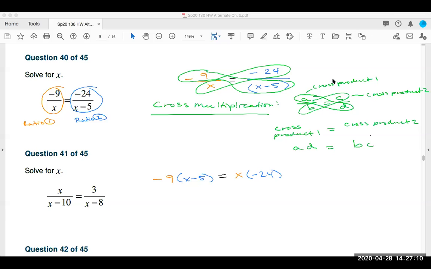Okay, so we have on the right side, let's clean this up so you don't think that there's some kind of weird distribution here. Like there's nothing in front of the negative. So it's -24x. On this side, we can distribute. It's -9x plus 45. Get all your x terms on one side.